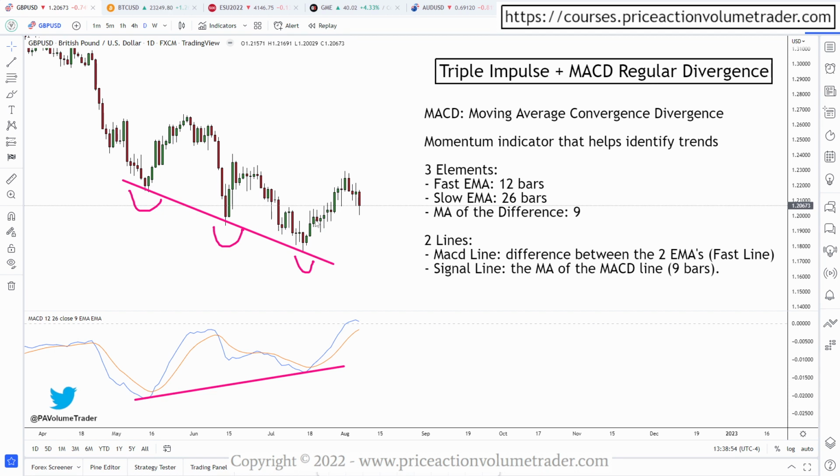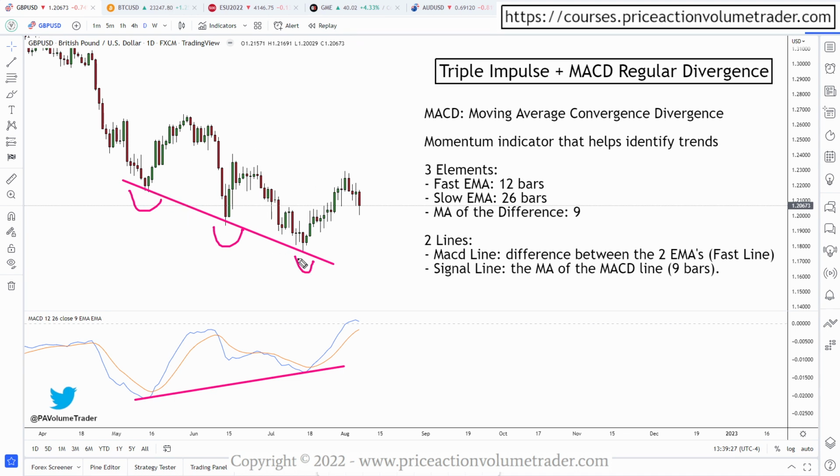In this case, you would then focus on looking for bullish scenarios, bullish signals around this area once you confirm this divergence and the market starts reversing. And then normally you would put your stop loss just below the third impulse extreme.